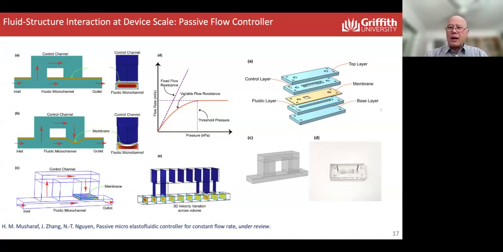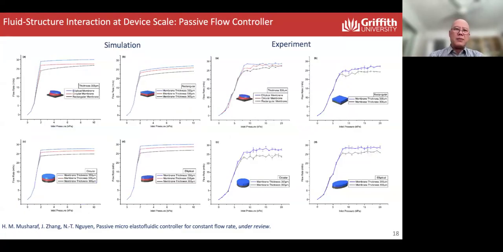And that, again, is a very typical example of fluid structure interaction application in microfluidics. And we can model the whole thing in COMSOL using structural deformation and fluid flow simulation. And here, for example, it shows the simulation results versus the experimental data.